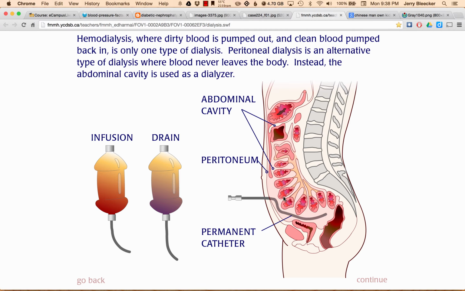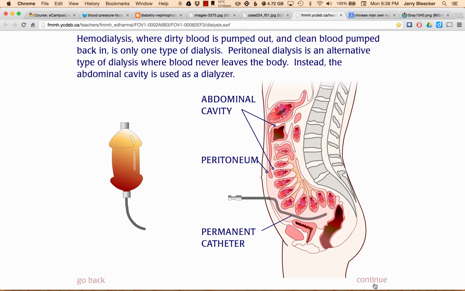So we're basically going to fill up the abdominal cavity with dialysate. What you see here is called a catheter. It's a tube that's inserted into the body. This is a permanent catheter, and dialysate is going to be injected into the abdominal cavity and then drained out. The idea is that the dialysate will absorb the toxins from a really large surface area and be captured in the drainage. So let's take a look at that.